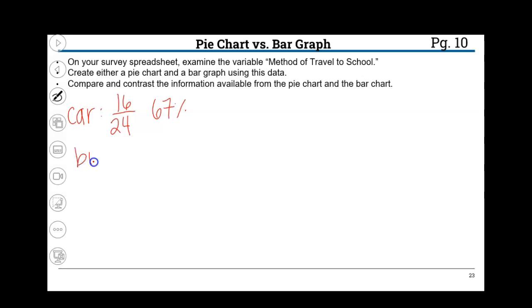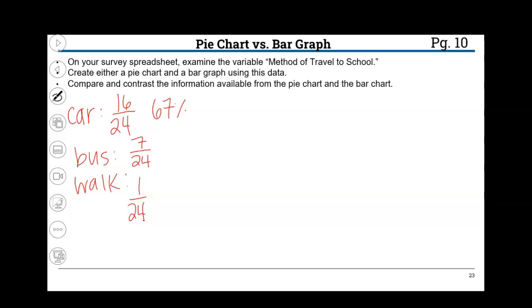What about for buses? What was the number? 7? So then your walker was 1? Okay. That's fine. So for bus, it was 7 over 24. And walkers was 1 over 24? Good. So then 16 plus 7 plus 1 should equal how much? 24, Andrews.